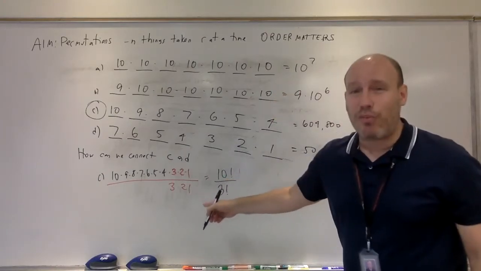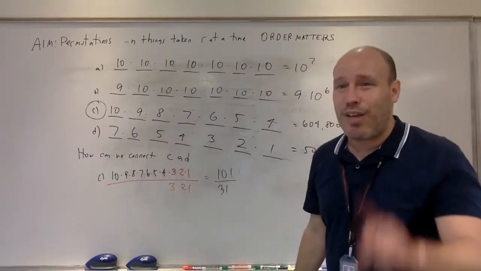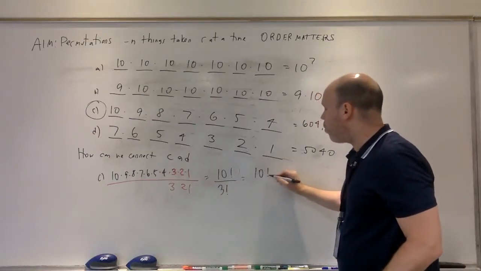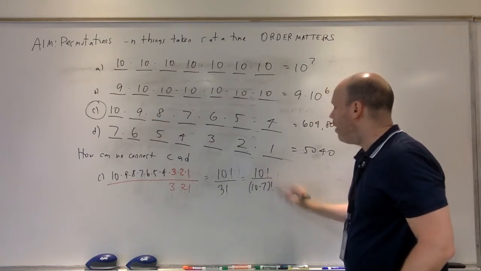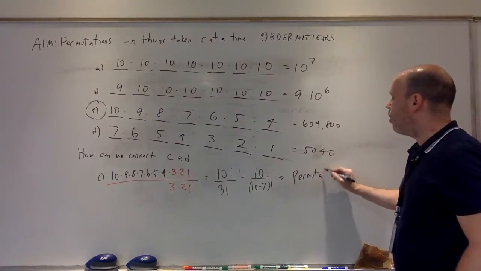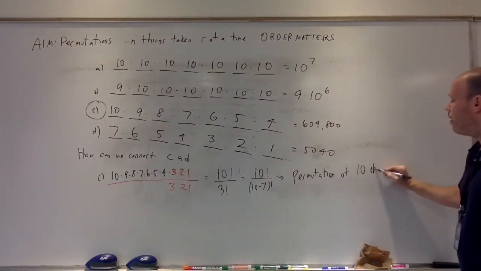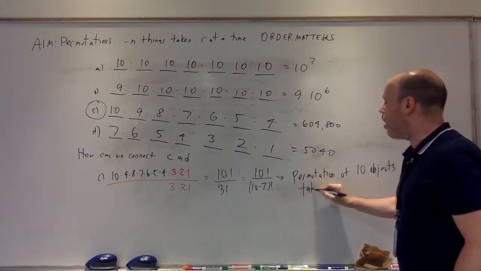Now, you're looking at that 3, and you're looking at D, and you're like, is that a coincidence? No, it is not. This actually is equal to 10 factorial over 10 minus 7 factorial. And this is our definition of a permutation of 10 objects taken 7 at a time.